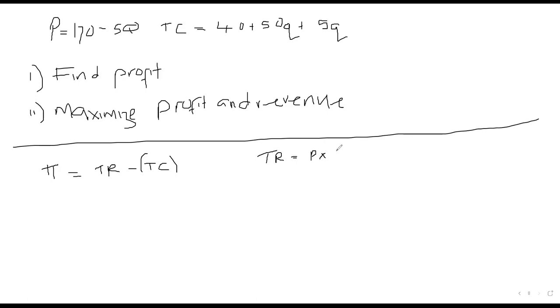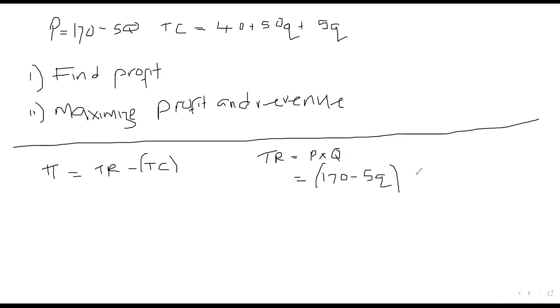We have the price there: 170 minus 5Q. And the Q you're never given, you just impute it.